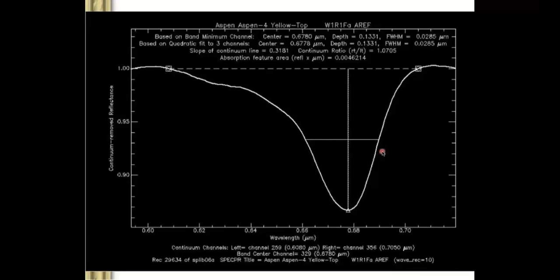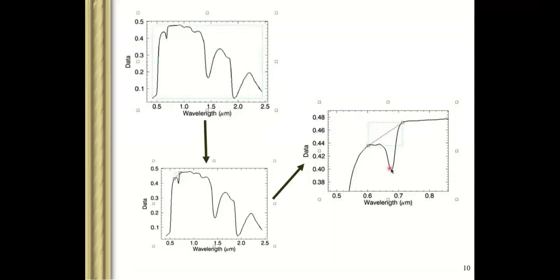We need to find this depth. We need to find the width at each and every point. Then we try to match this with our other satellite images, and wherever we get this matching, we say that this particular mineral exists in that area.